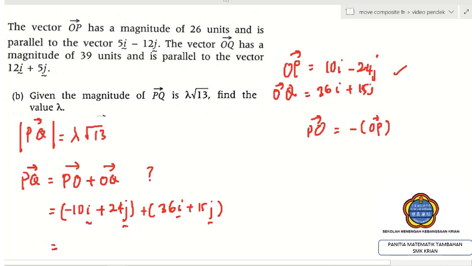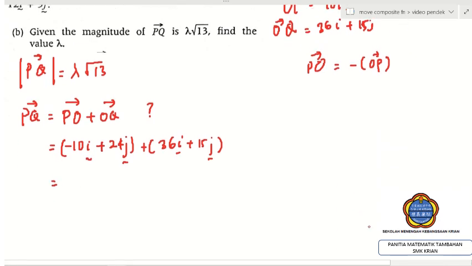Then just solve i together with i and j with j. Negative 10 plus 36 will be equal to 26i, 24j plus 15 is positive 39j. Here is the vector of PQ.